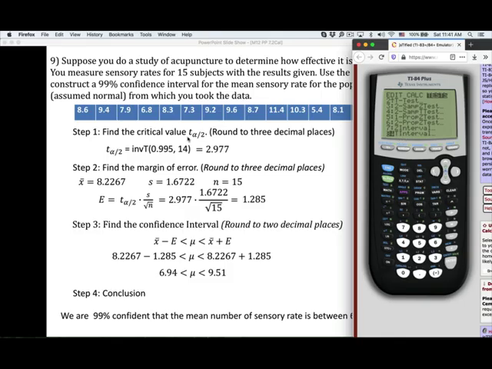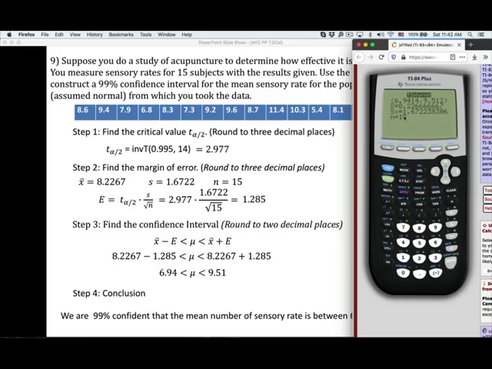We are working on the T distribution confidence interval. And I will choose the data here, okay, because we have the data. And then my data set is on L1, so I keep it as L1. Frequency, keep it as 1. We are working on 99%, so 0.99. And then calculate.